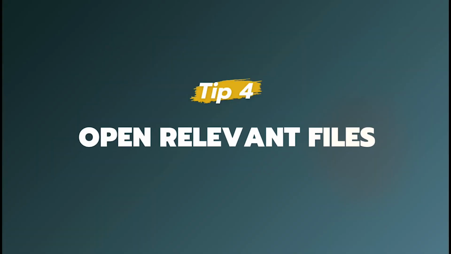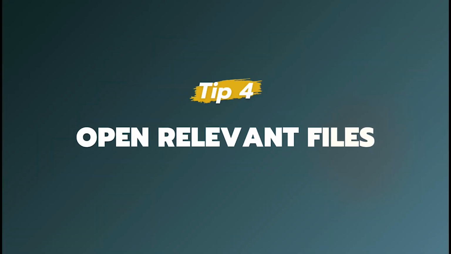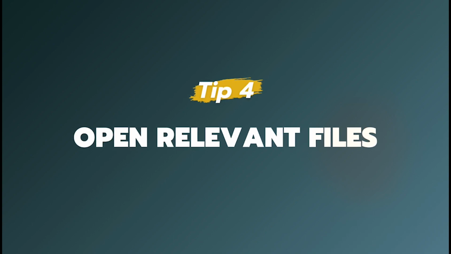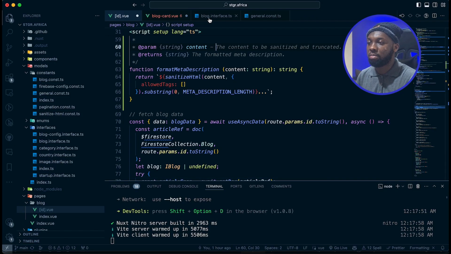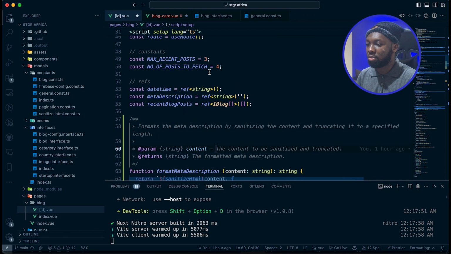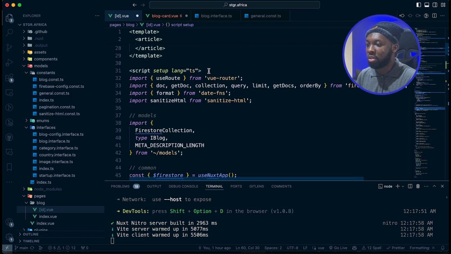The 4th tip is give Copilot context of what you're working on by opening relevant files. For example, if you are working on a project and going back to our sample code, we have these import statements here for dependencies that we have for this file.